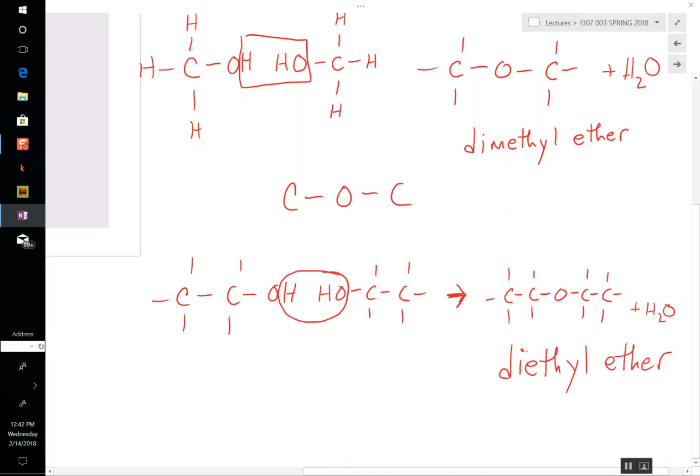Now, okay, now what you're seeing right here, examples of simple ethers. And when we see a simple ether, we're going to try to give it a simple name. Keep it simple. And what makes them simple is that, well, you know a certain number of substituents. You know what those substituents look like, how to recognize them.